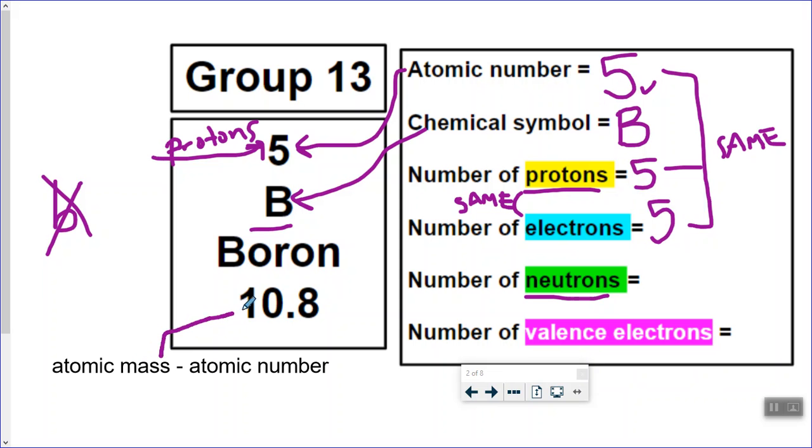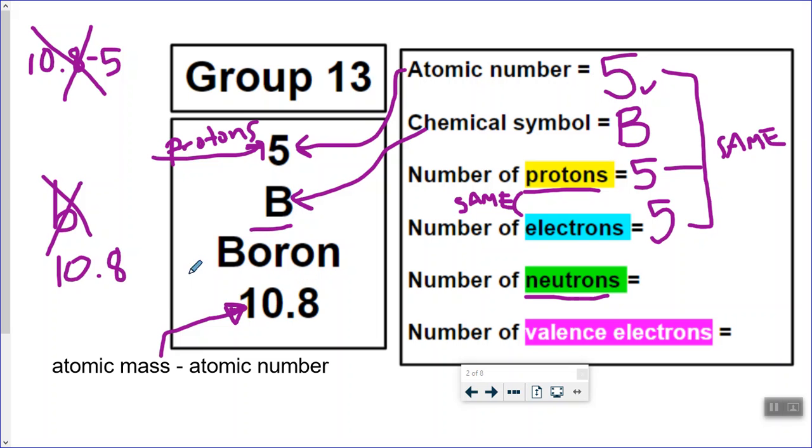Atomic mass is the number on the bottom. Okay, let's pay attention to this one. 10.8. You don't do 10.8 minus 5. Okay, don't do that. You need to round the number.